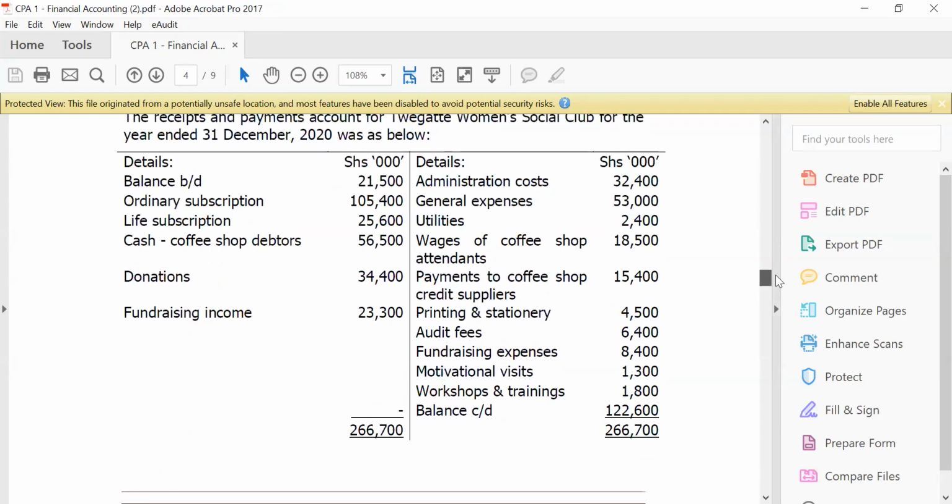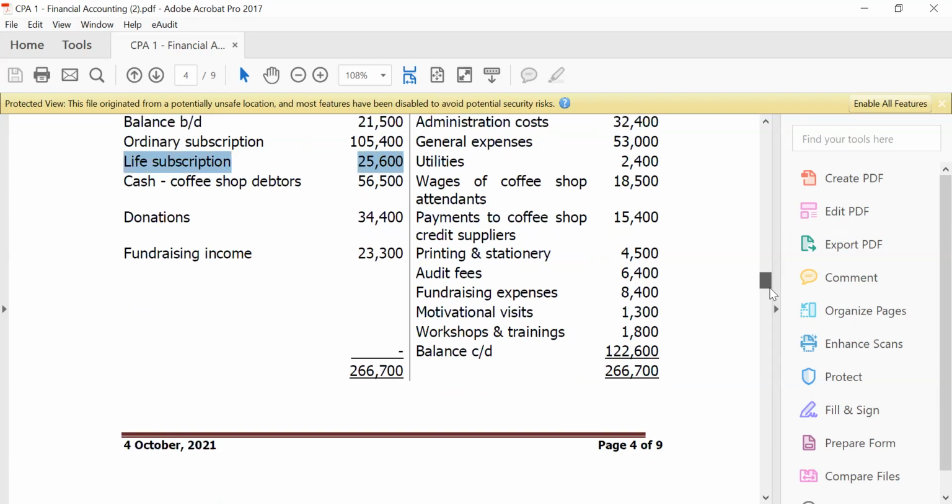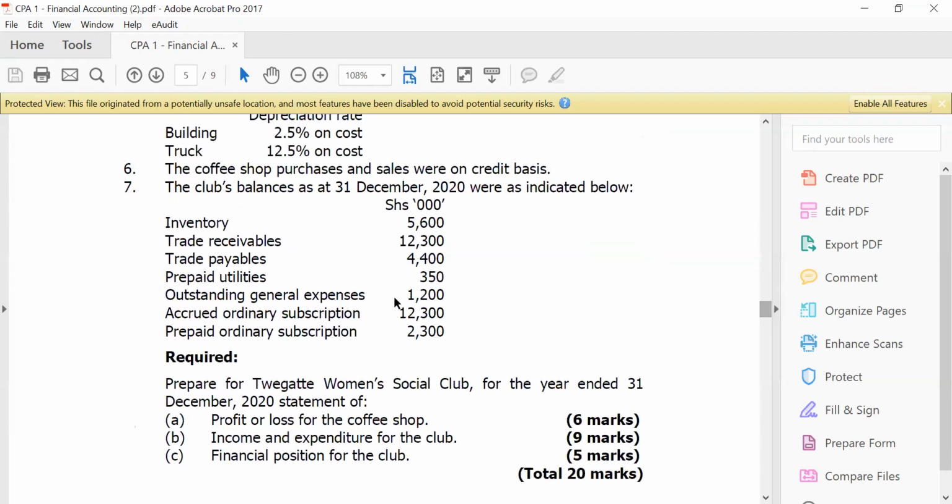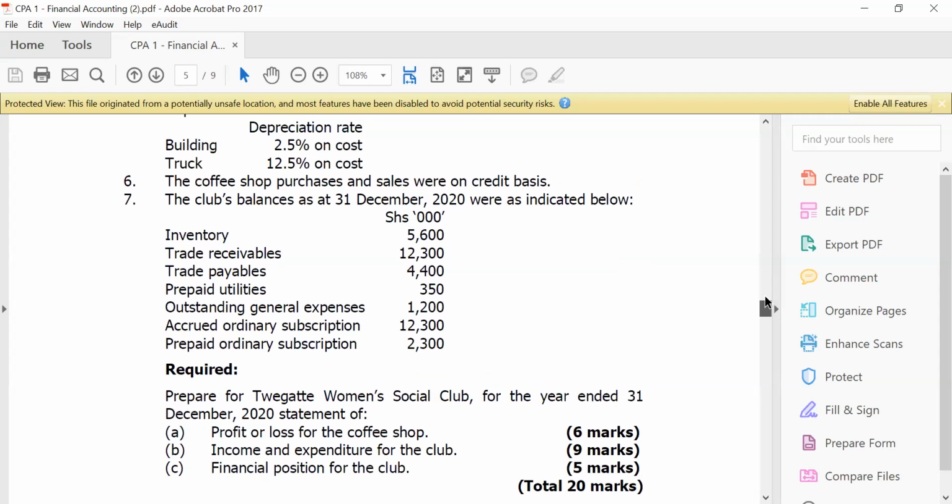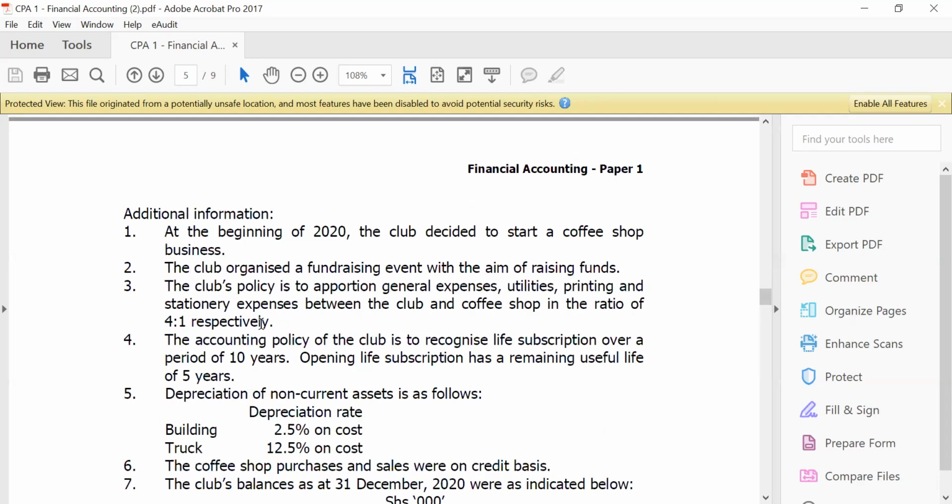It goes on to also appear under our payments. We have a value here as well. We don't have any balance. But then we have a note here where they're telling us that the accounting policy of the club is to recognize life subscriptions over a period of 10 years.